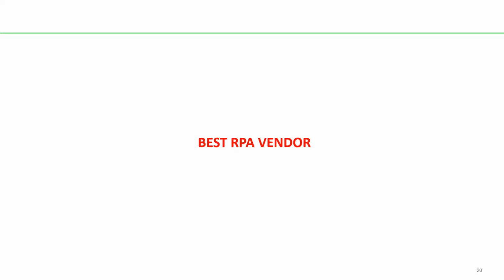Now, how can we choose the RPA vendor? Because when we implement RPA, we have to use one tool, for example UiPath, Blue Prism, Automation Anywhere. There are 25 to 30 vendors in the market. How can we choose which vendor?